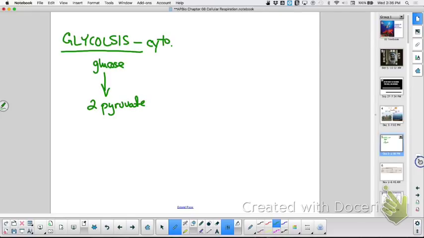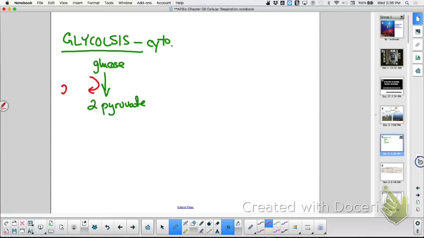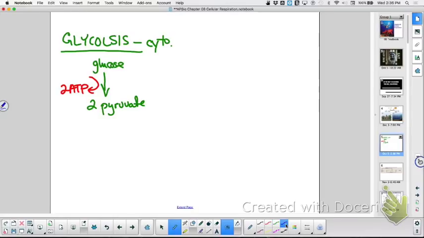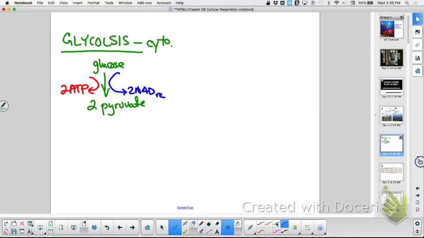And along the way you will make what? 2 ATP, but you know you make 4, but you have to input 2. What else do you make? 2 NAD reduced.